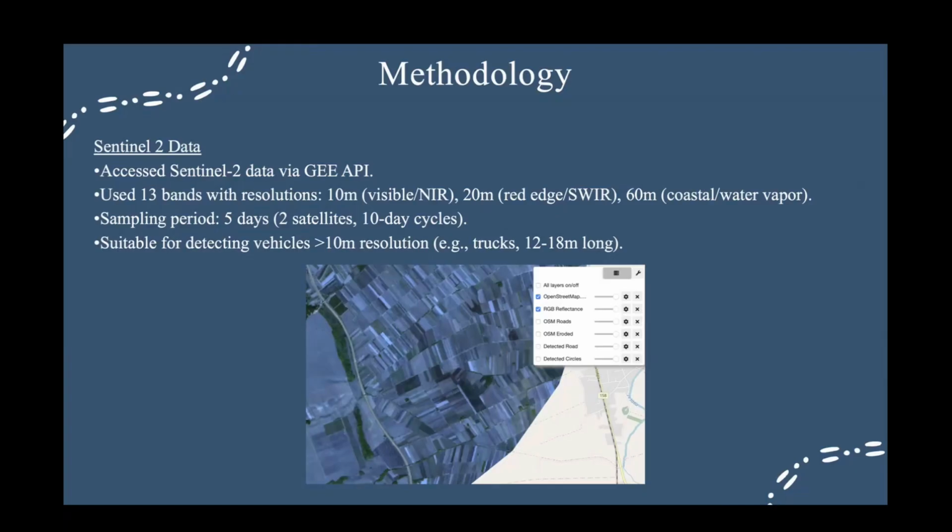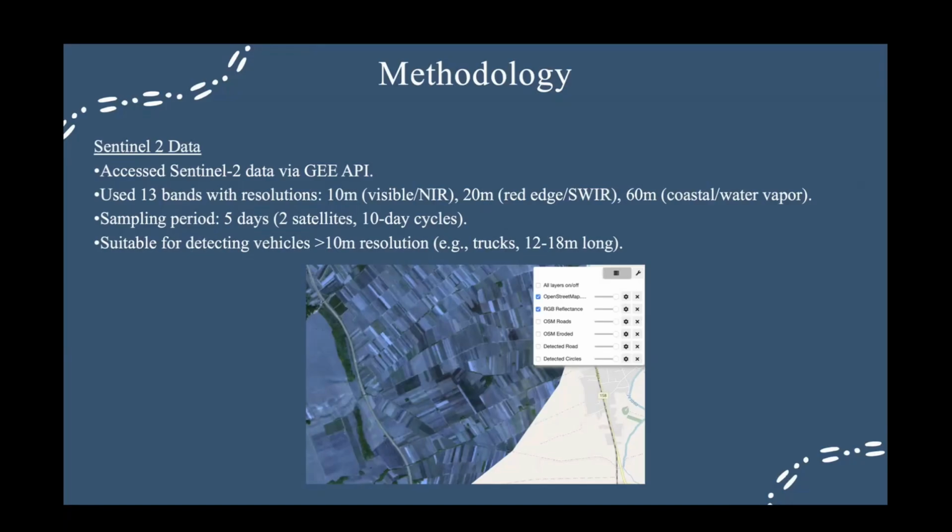So the best resolution is 10 meters, but it can go up to 60 meters. In this research, we used only 3 channels, R, G, and B, so the visible spectrum that has a resolution of 10 meters.